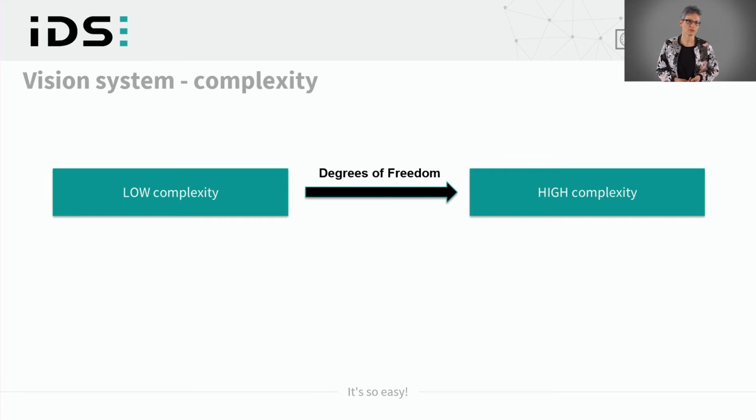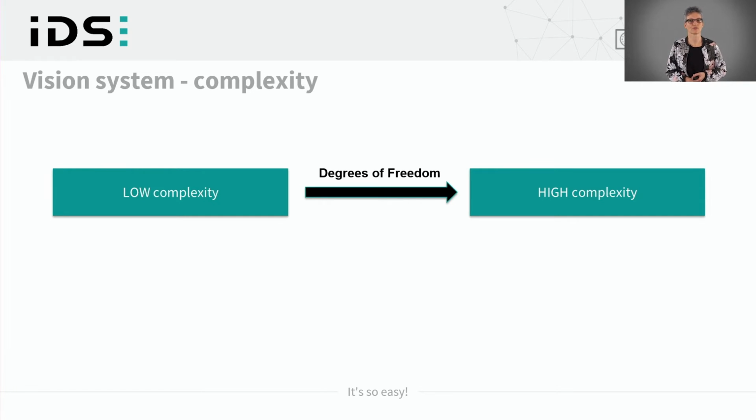Now, when you're about to design a vision system, you have to look at the complexity of your pose. If your object is completely defined in its pose, then your vision system doesn't have to do much, and it's a low complex vision system.